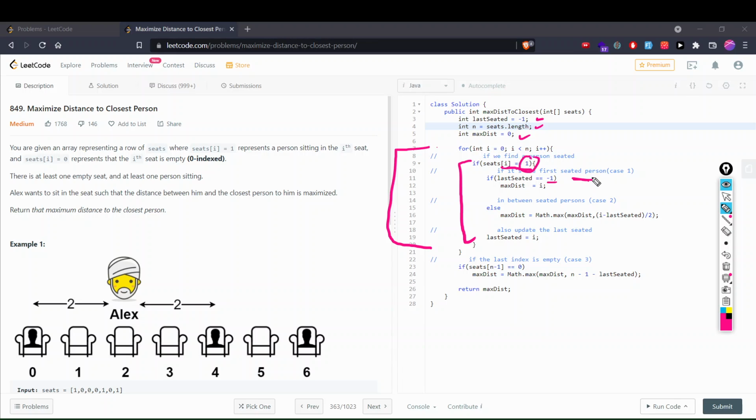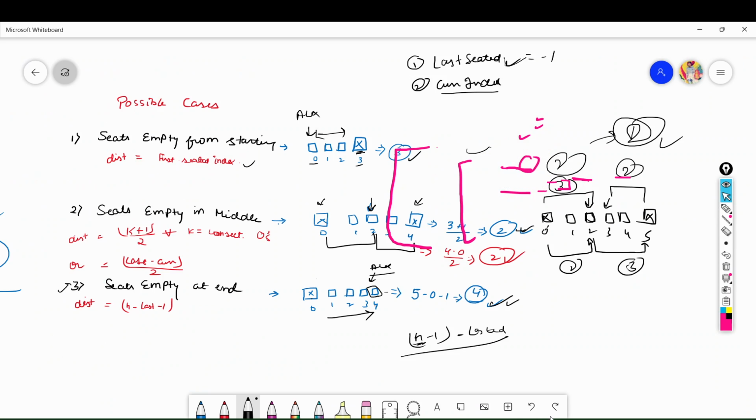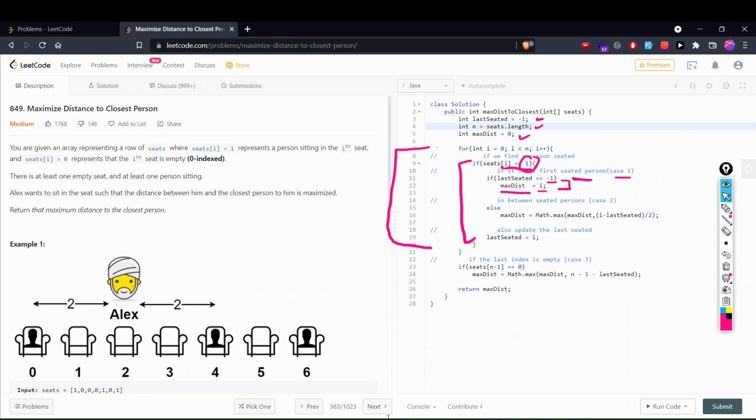In this case 1, we simply set our maximum distance as i. I have already explained why with the example and these possible cases.